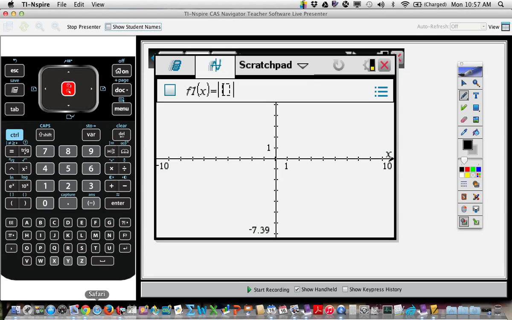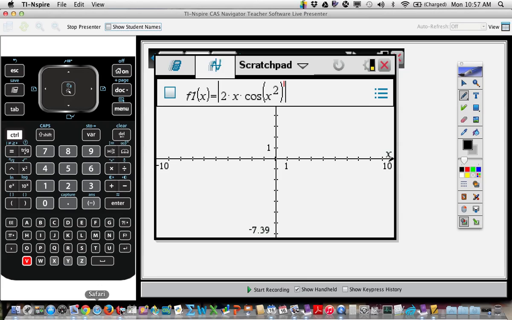And then hit Control-V for paste, just like you would on a computer. Copy and paste is pretty slick with this. Now, here's the danger. If you just type this, remember, if you type X cosine, that's a problem, right? Because it thinks that's just one word, XCOS. You'd have to make sure you put a times sign in there. When you copy and paste, it takes care of that for you. Okay, now go ahead and hit Enter.